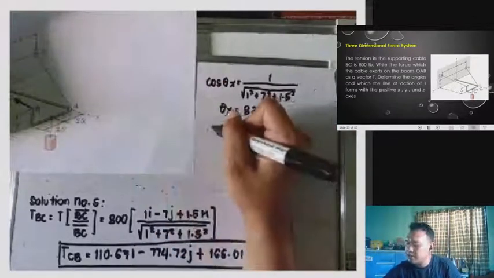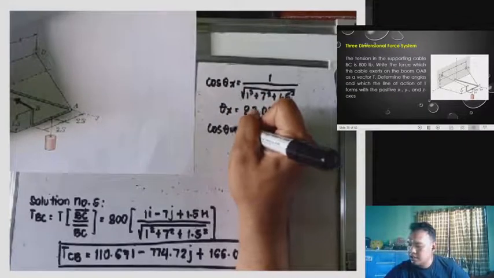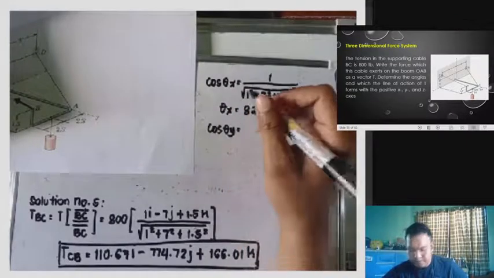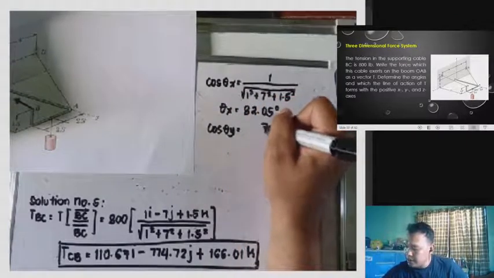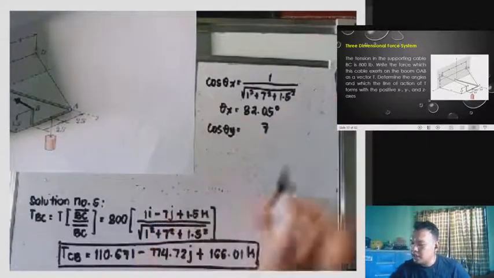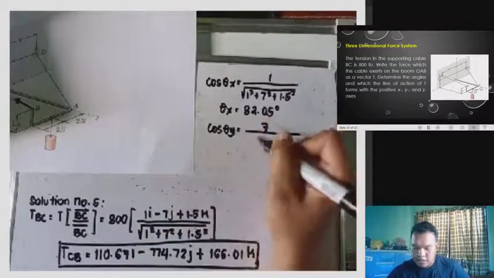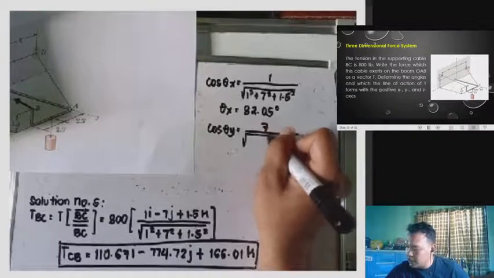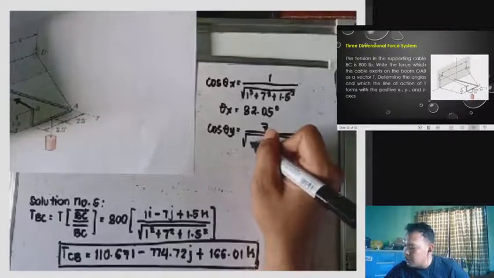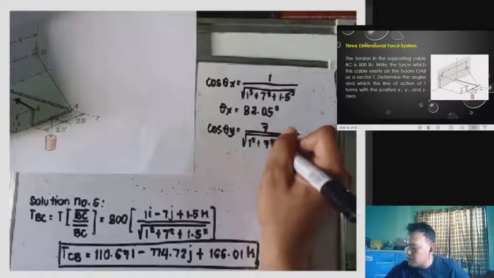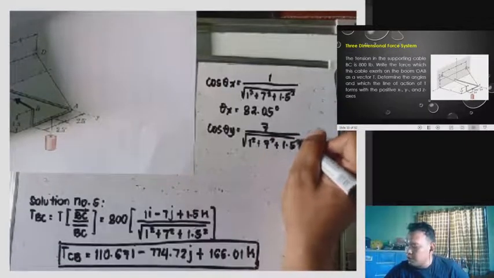Cosine theta y is equivalent kay 7, which is yung y value natin, all over square root ni 1 squared plus 7 squared plus 1.5 squared.